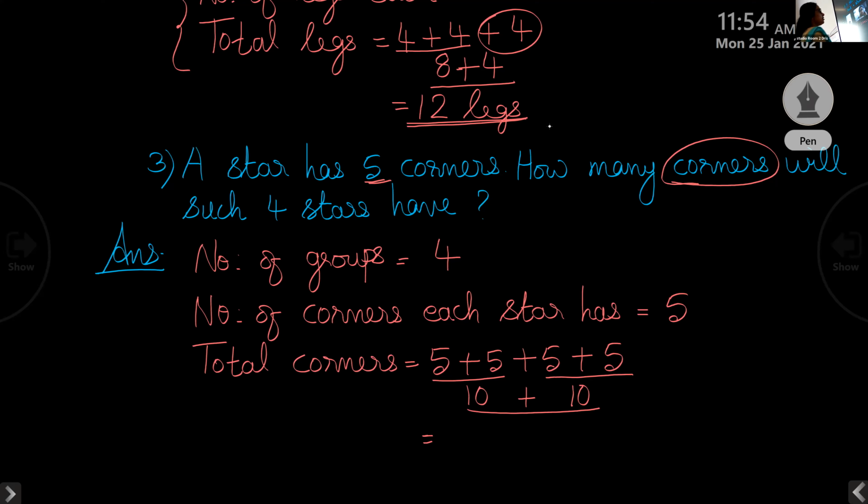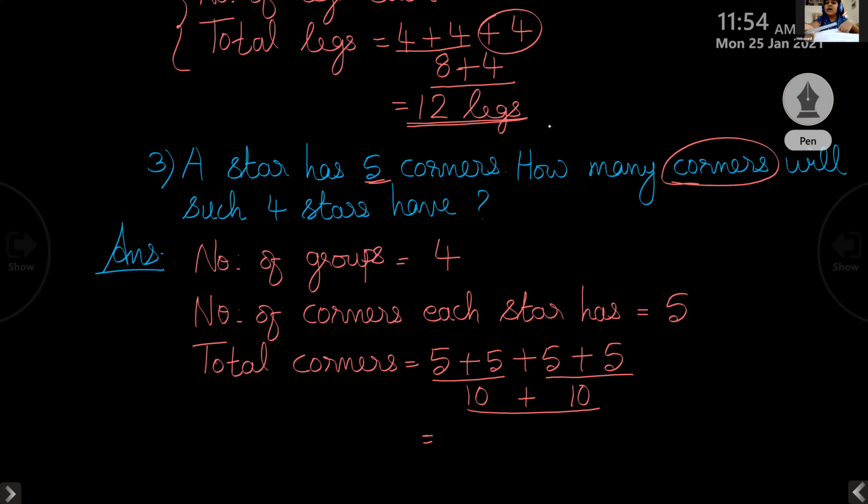Yes, Heba. Yes, 10 plus 10. 20. So how many corners a star has? Not a star. All the 4 stars have altogether. 20. Did we find out the number of stars?